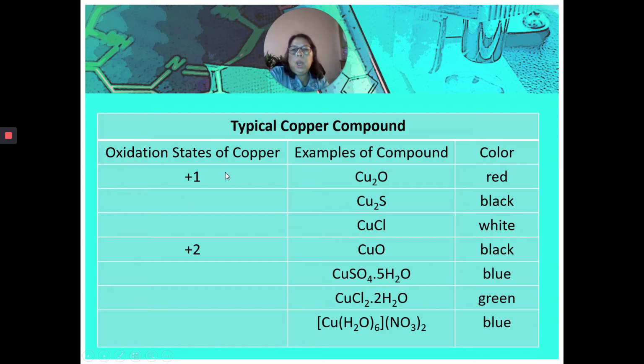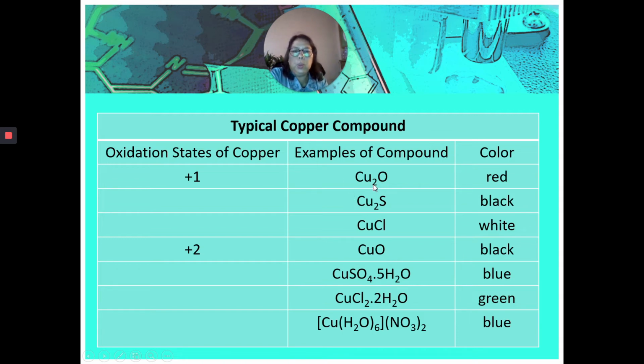So for copper plus 1, with oxygen, they are red in color. With sulfate, they are black in color. With chloride or other halides, they are white in color. In its non-binary form working with oxygen, it is black in color. Please take note of this.